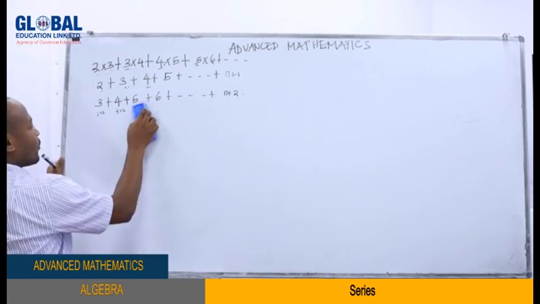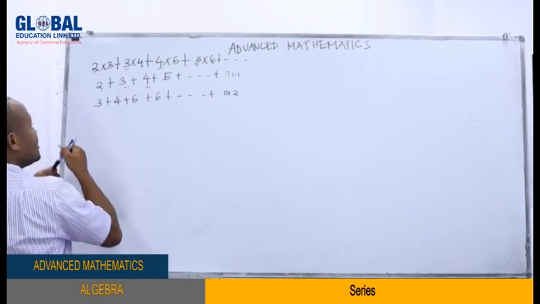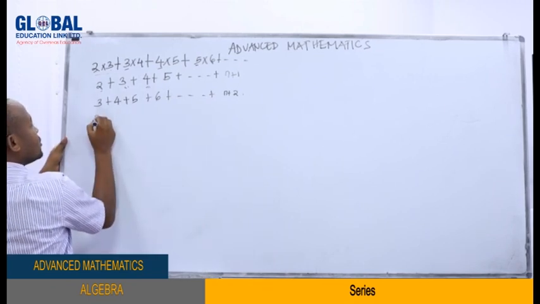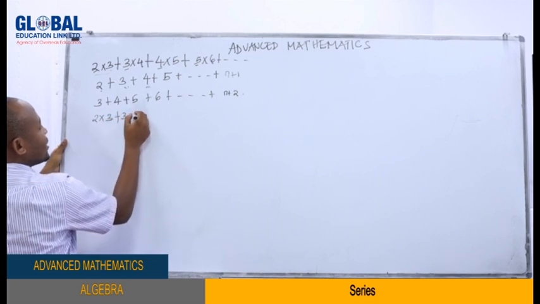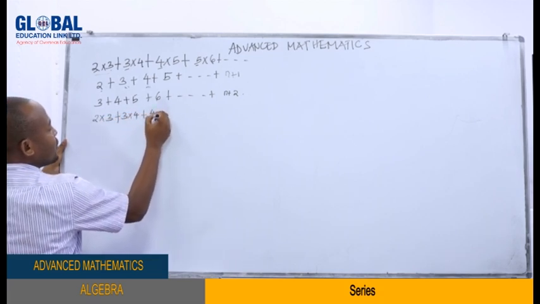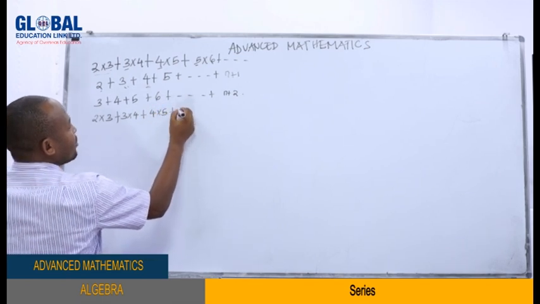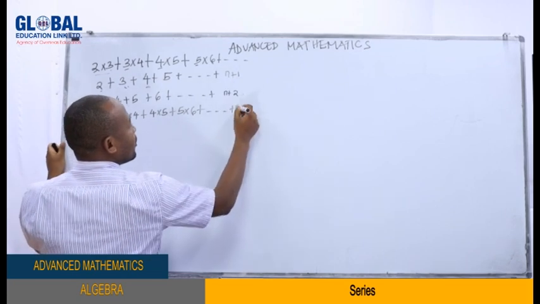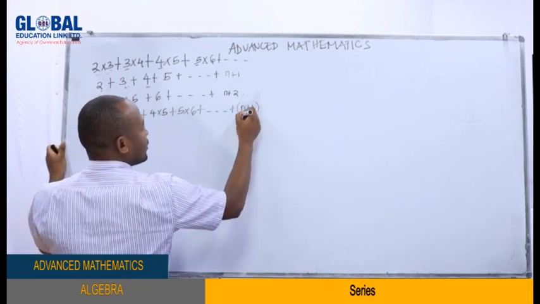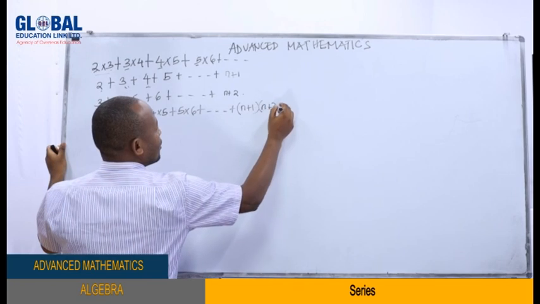Now, we can write the series above as 2 times 3 plus 3 times 4 plus 4 times 5 plus 5 times 6 plus down to n plus 1, then n plus 2.